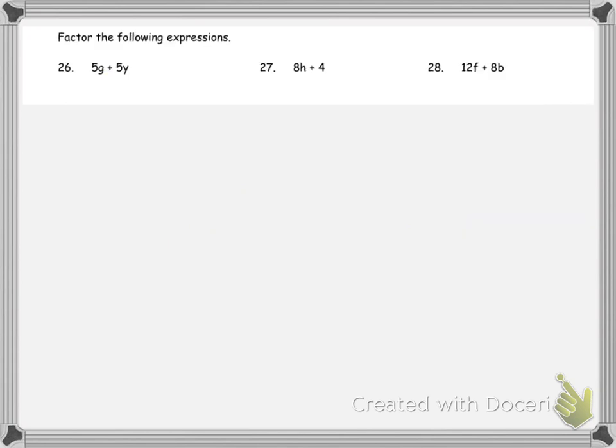All right, number 26, 27, and 28, we're going to factor out the common factor. So this is where we made a tree. 5g is 5 times g. 5's prime and g can't be broken down, so that's it. And then if I broke down 5y, that would be 5 times y.